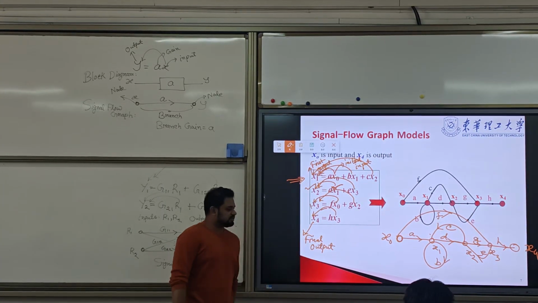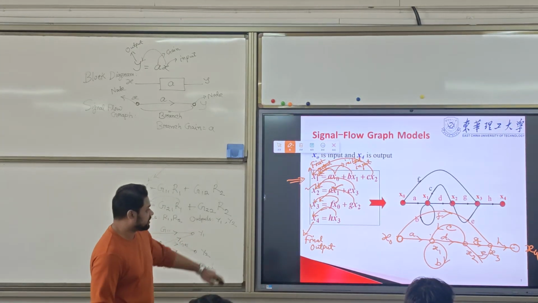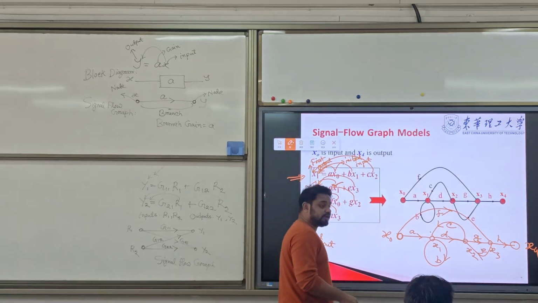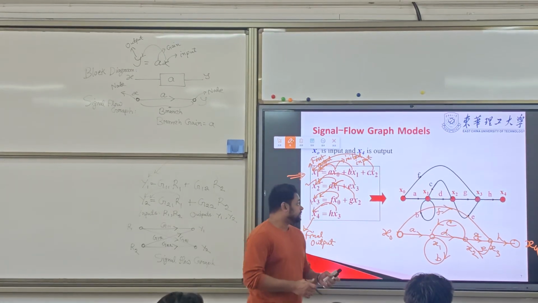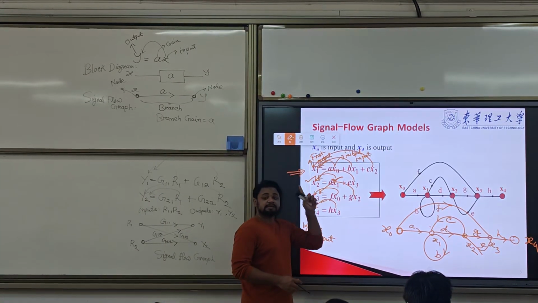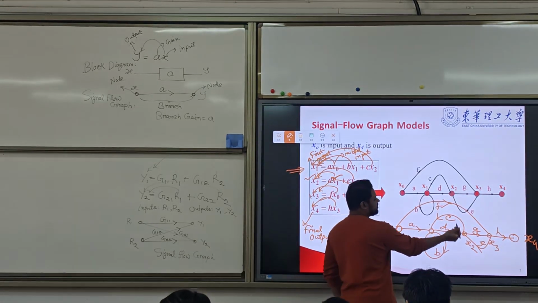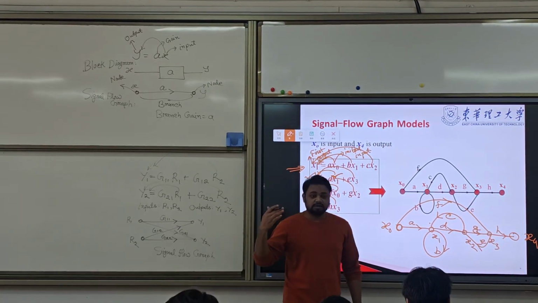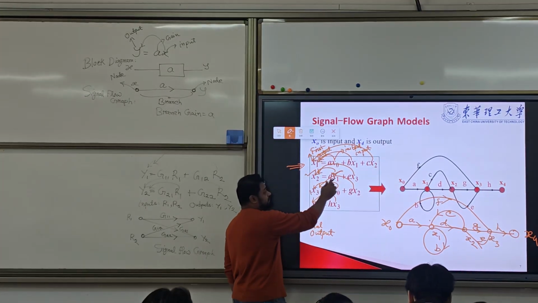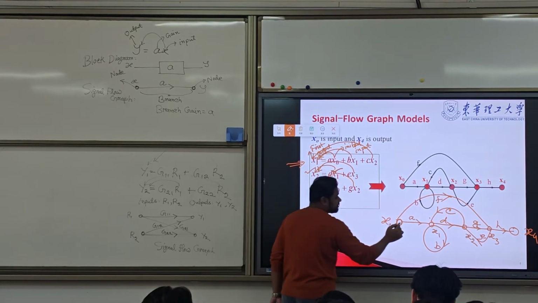So that's all the signal flow graph for all the four different equations that we have here. Remember how the signal is flowing. If the signal is flowing back, that is feedback, reverse direction, backward direction. If it is going in the forward direction, like from x1 to x2, you must define it.